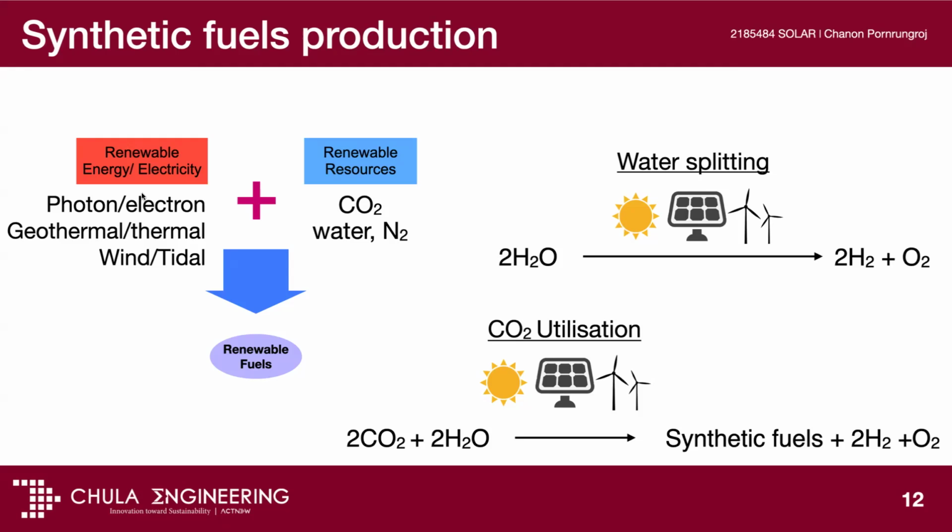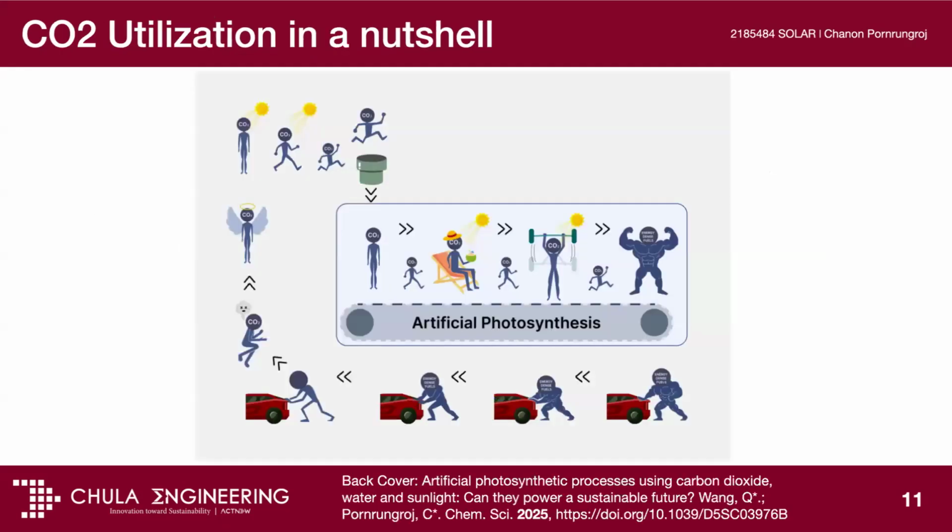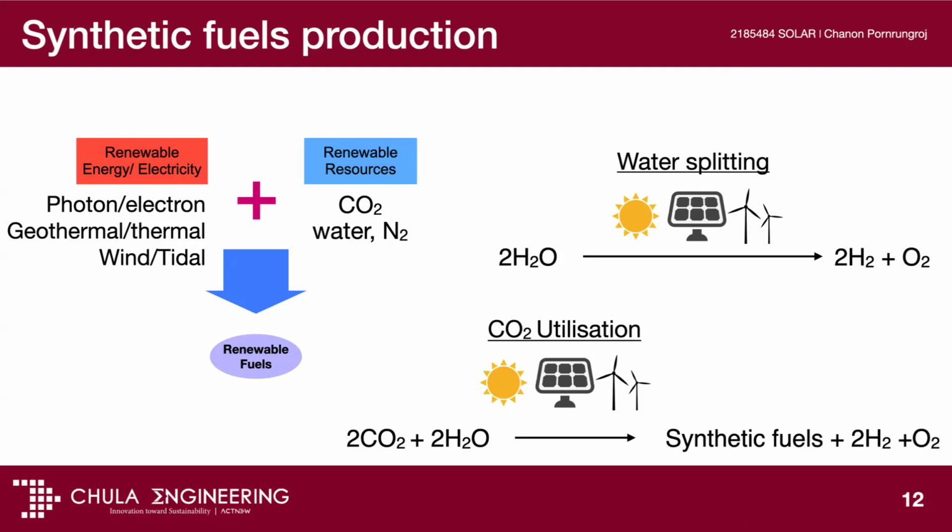What I mean by renewable resource, you can see from this, in this case, renewable resource is CO2, right? Renewable resource can be water. So if you want to make hydrogen, you split the water molecule into hydrogen and oxygen. So that's our resource. Renewable resource can be biomass. In Thailand, we have a lot of biomass.